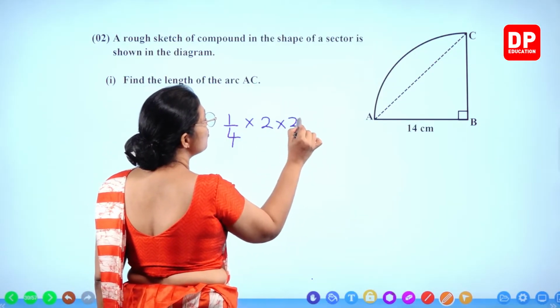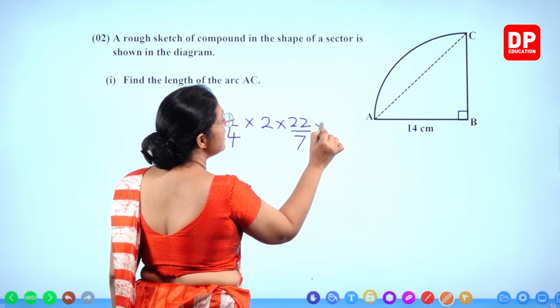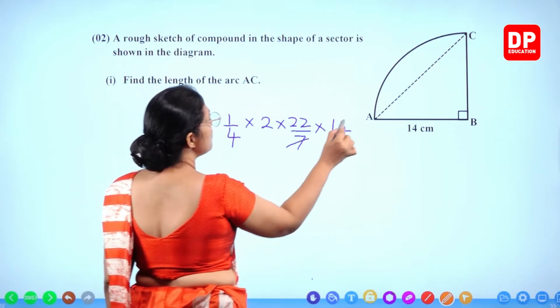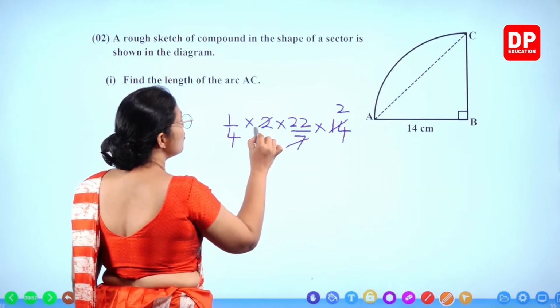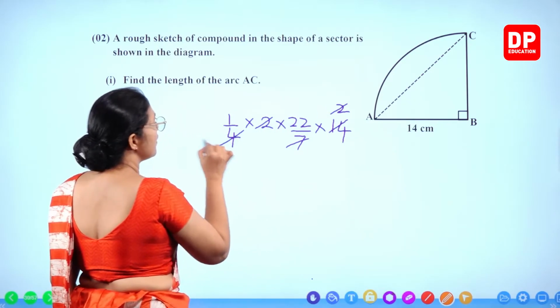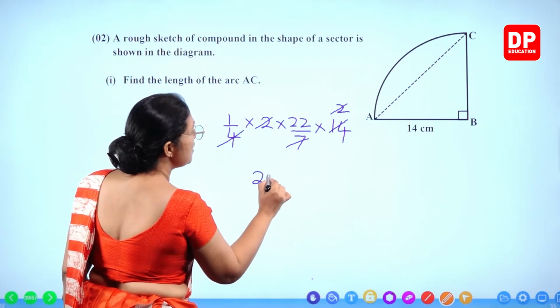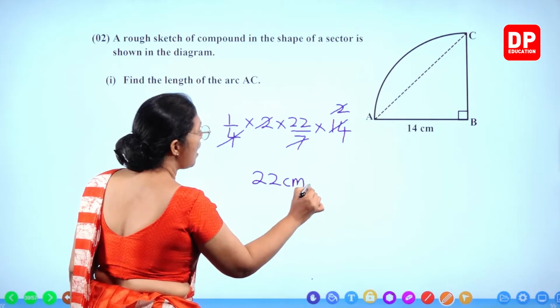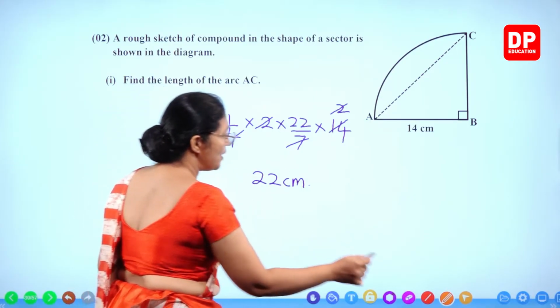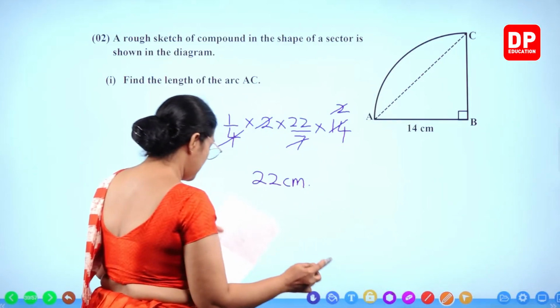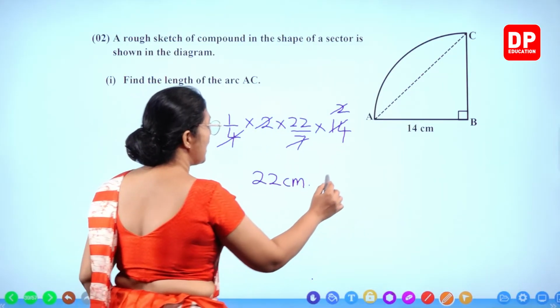Pi is 22/7, radius is 14. So 7 times 2, and this 2 and this 2 becomes 4, which gets cancelled out with this 4. So 22 centimeters is the arc length. So how many marks for this part? You are getting 2 marks for that.